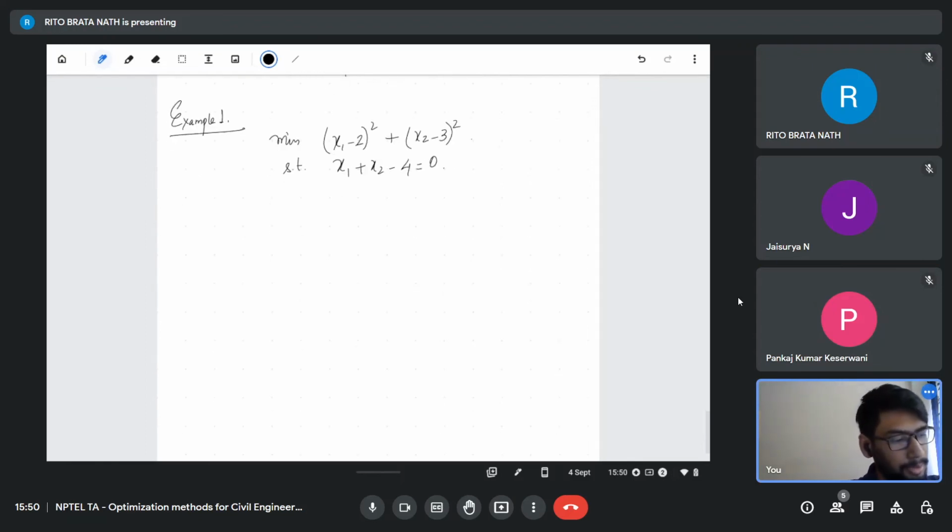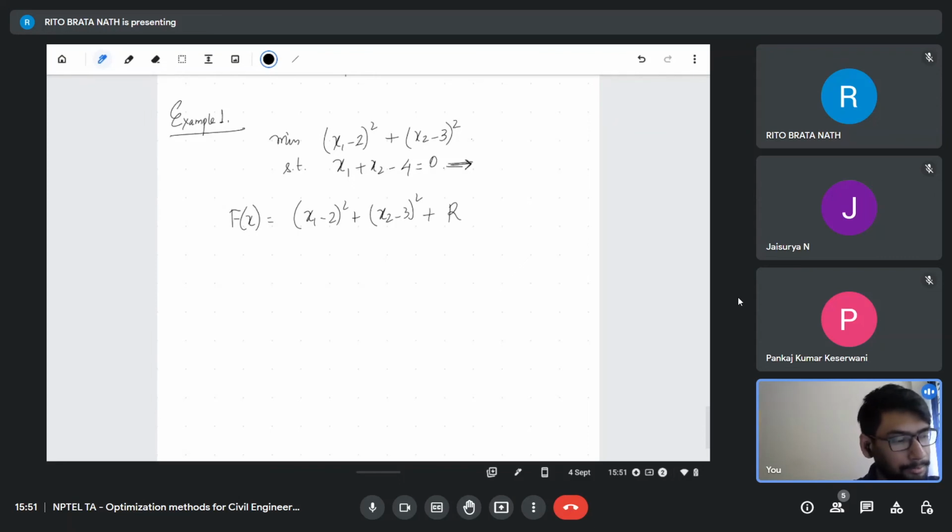Since this is an equality type problem, you have to add one parabolic kind of penalty term. I think that was also discussed in the class. So your f(x) now becomes this first f(x), then r. Suppose there are two violations here.